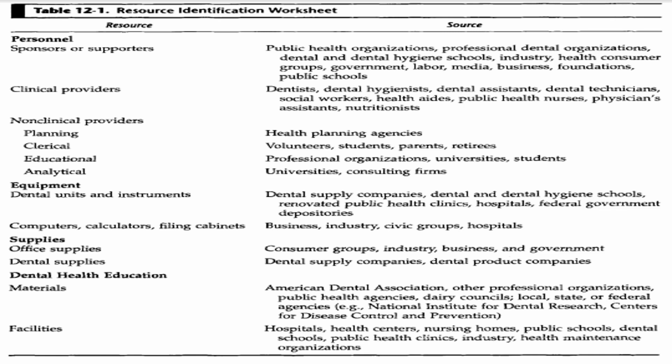And dental health education materials, where the associations or facilities might be identified as sources, such as the American Dental Association, the Indian Dental Association, the Centers for Disease Control and Prevention, hospitals, health centers, nursing schools, public schools, dental schools, industries, or health maintenance organizations, which might be a resource for providing the program that is planned.